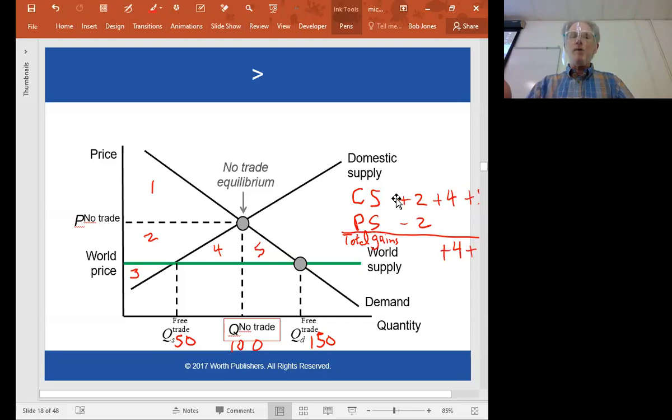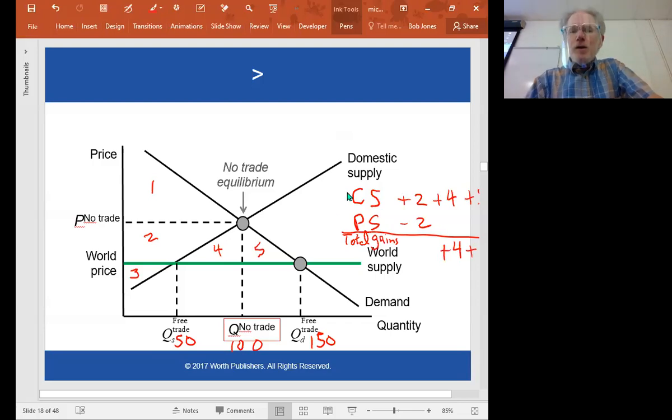So it's not just a matter of, do we want to help the consumers or do we want to help the producers? The fundamental question is, do we want to use our resources efficiently? Do we want to buy output from the low-cost producer, or do we want to simply protect American producers?